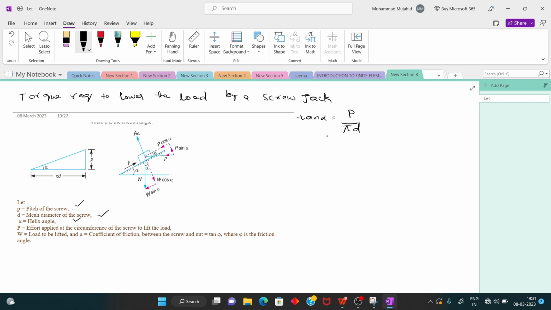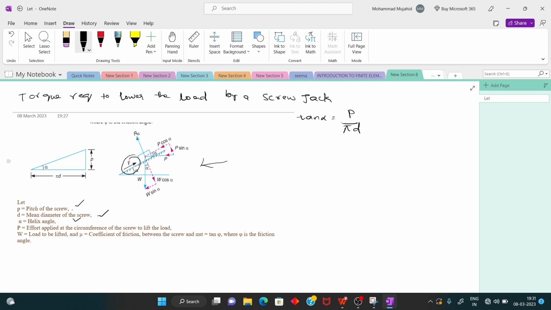And next, the load is being lowered here. So therefore, the frictional force will act upwards, and all the forces acting on the screw will be shown here. Normal reaction acts vertically upward, and weight acts vertically downward.